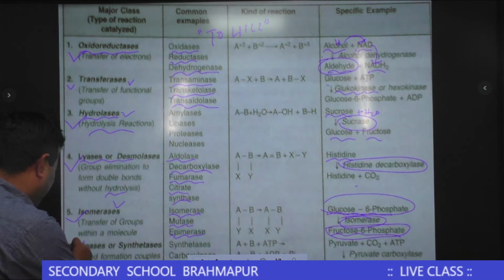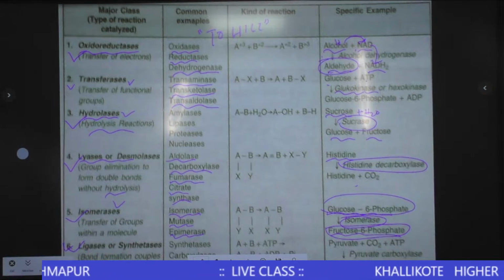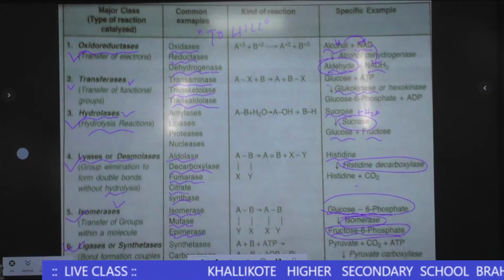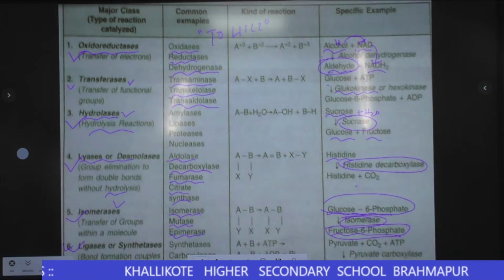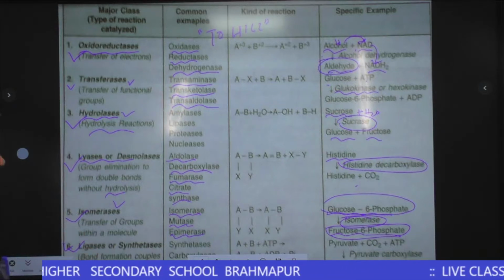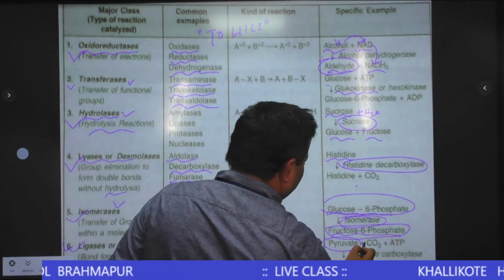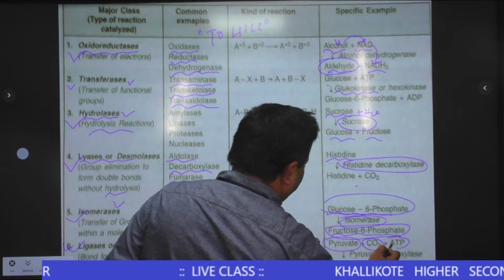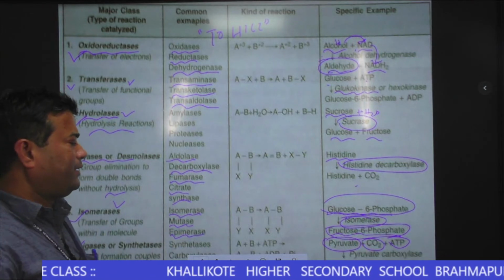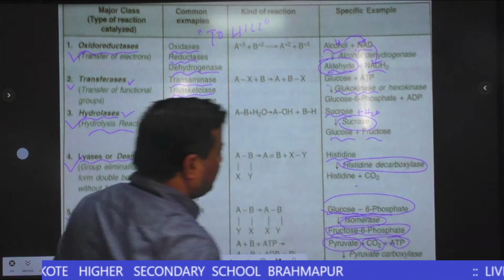The sixth class is ligase or synthetase. This enzyme joins two compounds to form a new compound, with ATP hydrolysis. Here pyruvic acid or pyruvate is added with carbon dioxide and ATP in presence of the enzyme pyruvate carboxylase, forming oxaloacetic acid, ADP and inorganic phosphate.